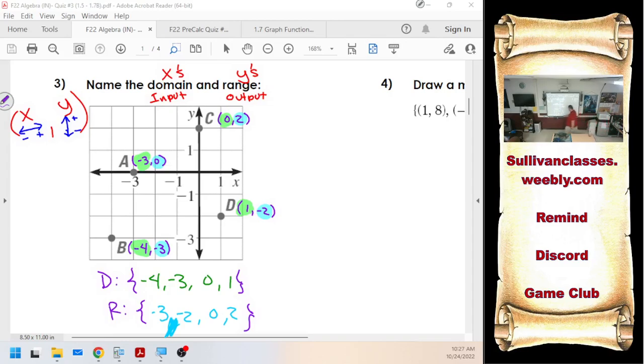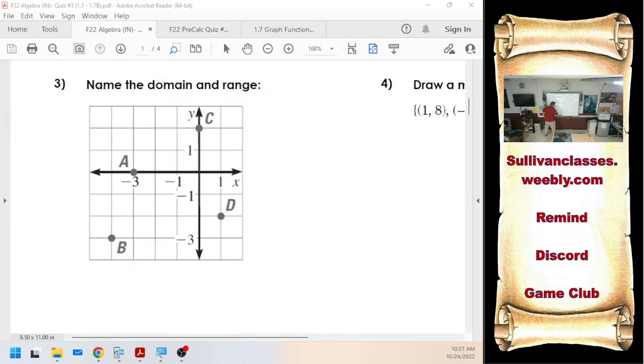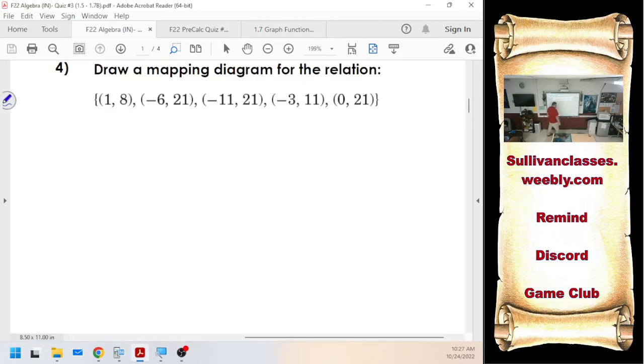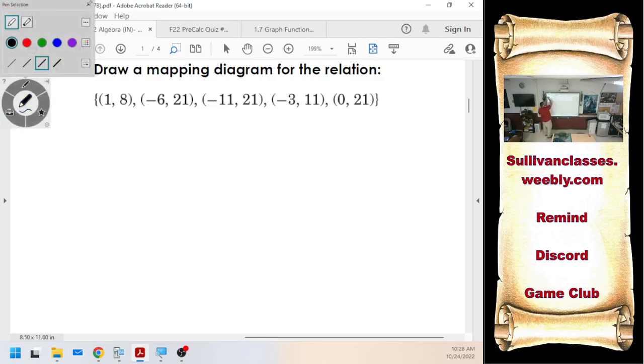Okay? We're going to have 3 different types of representation here. Graphs, then coordinates. Every year I have someone in this class, when it says draw a mapping diagram, do not write this.